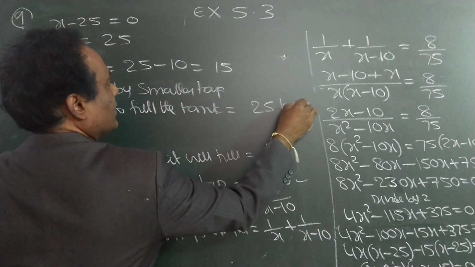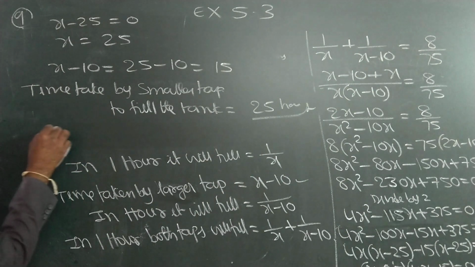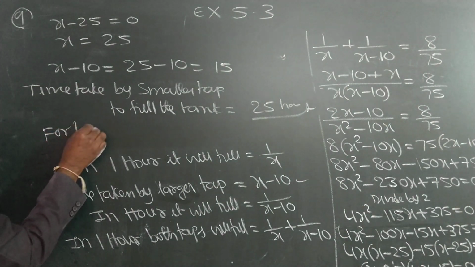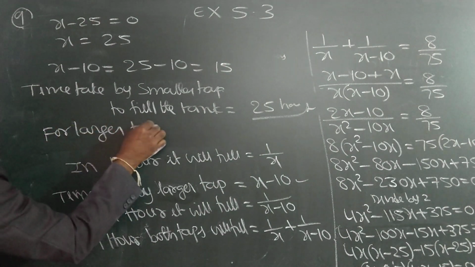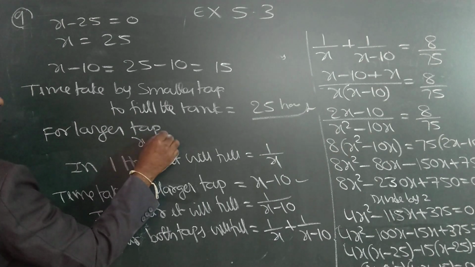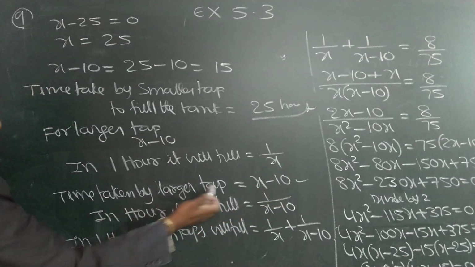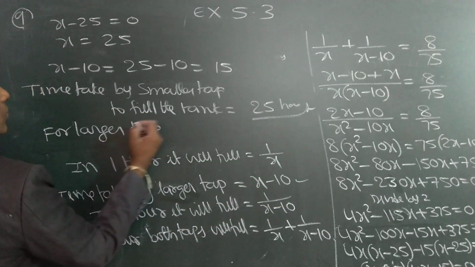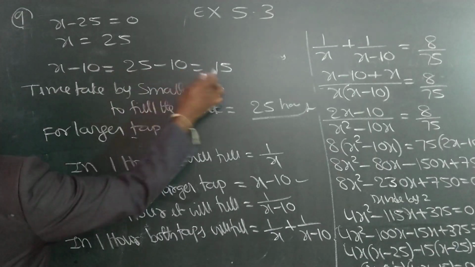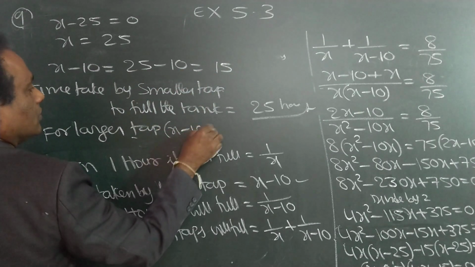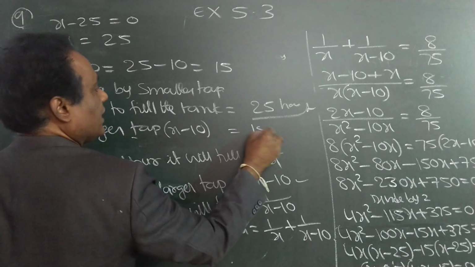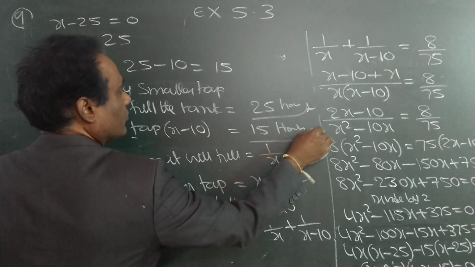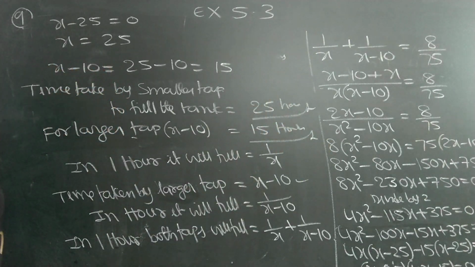Answer: 25 hours. Larger tap? What is the larger tap? x minus 10, that is 15. So 15 hours for the larger tap, 25 hours for the smaller tap.